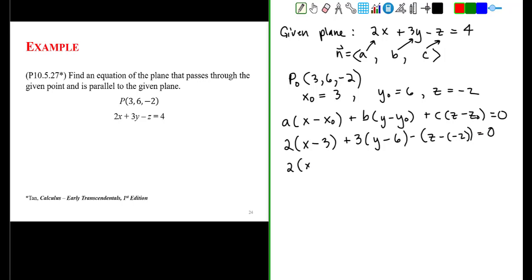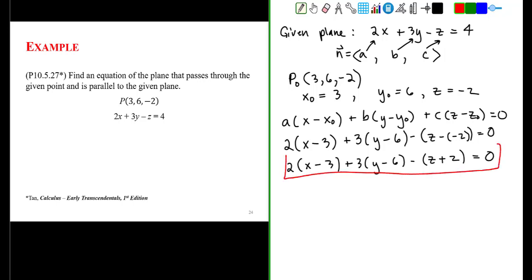Therefore, an equation of a plane that is parallel to the plane we were given is described by this standard form for the equation of the plane. I want to point out that the problem says find an equation of the plane that passes through the given point.